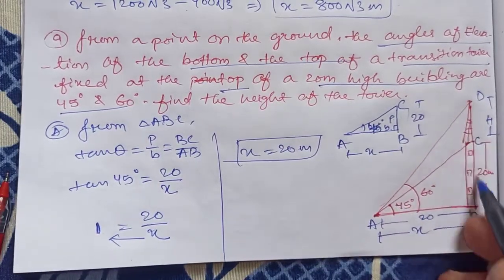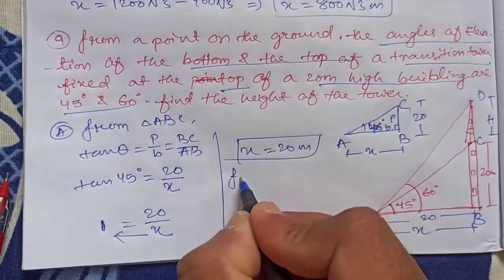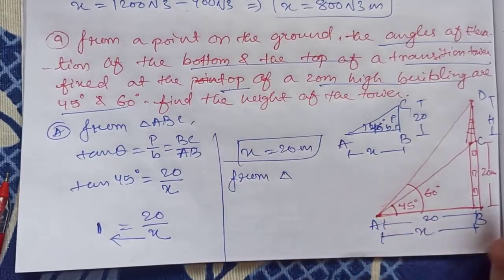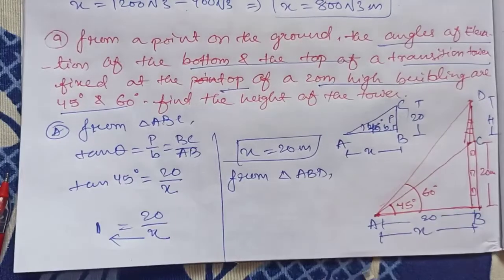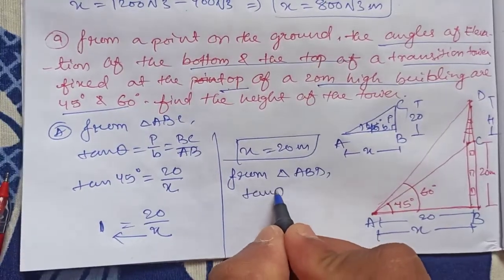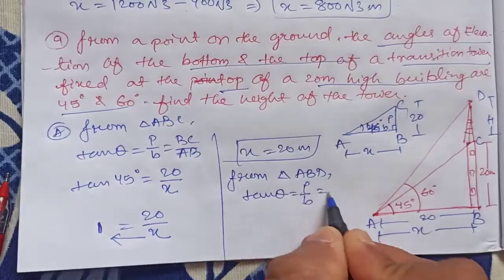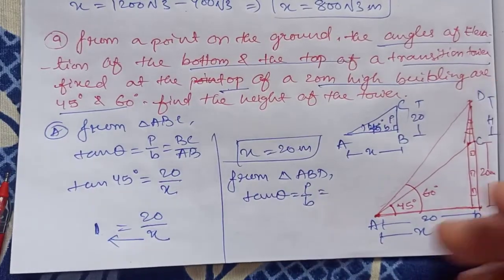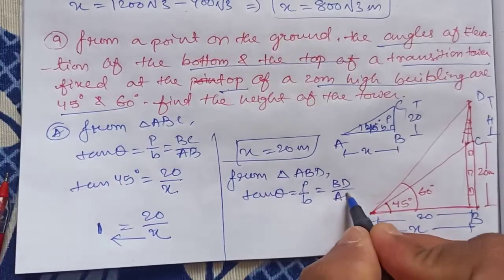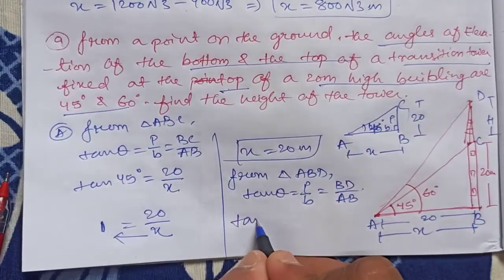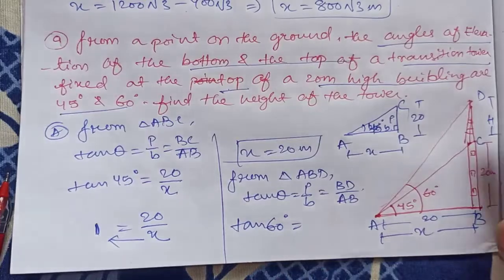Now we will take the bigger triangle. So from triangle ABD, the bigger one, tan theta again. Tan theta equals P by B. Perpendicular is the whole line BD and base is AB. Now tan 60 degree equals BD is how much?